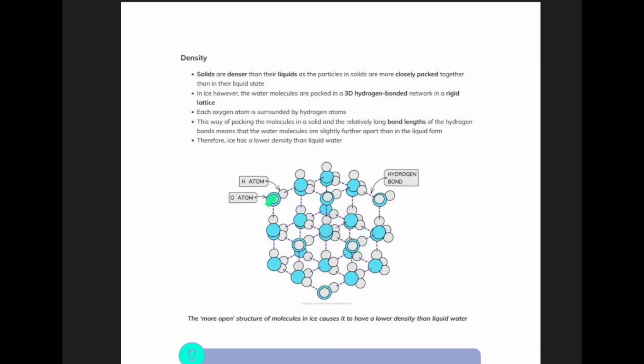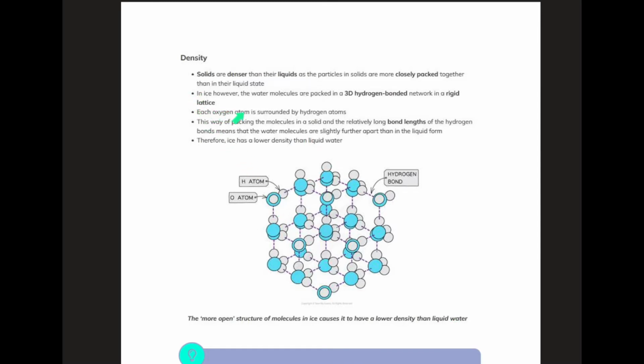They need to bond in a particular direction, so that there are empty spaces formed in between, making the ice less dense. So the more open structure of molecules in ice causes it to have a lower density than liquid water. So because of this empty space there.